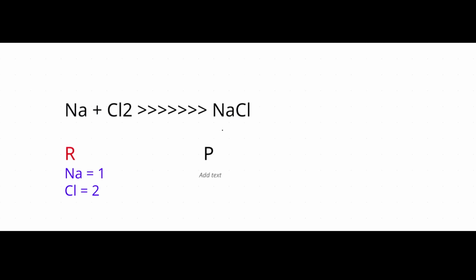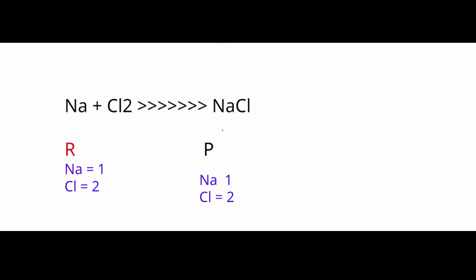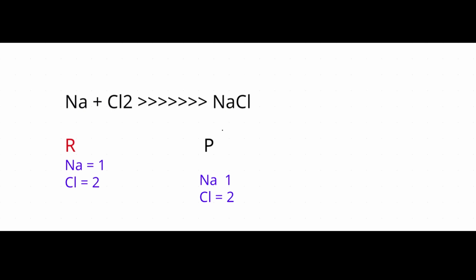Okay, and see how many of each atom are in the reactants. In the reactants we have sodium and chlorine. How many sodium atoms do we have? One. How many chlorine atoms?